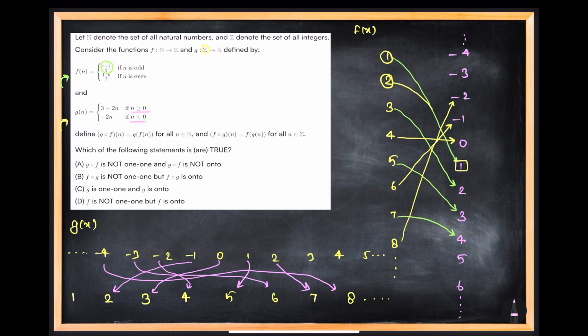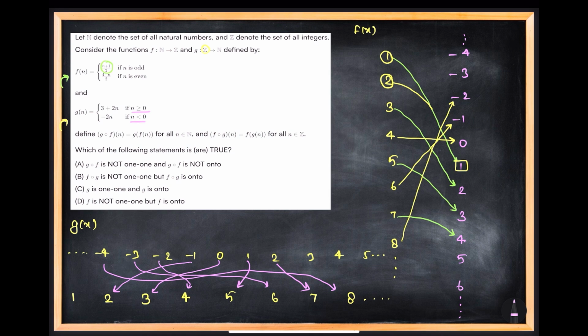Okay, now g of x. Numbers greater than or equal to 0 connect themselves with odd numbers after 1. Means 0 will be connected with 3, 1 with 5, 2 with 7, and so on. And the remaining negative numbers connect themselves with all the even numbers.